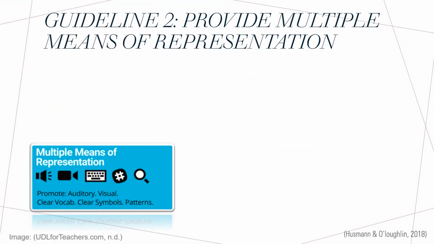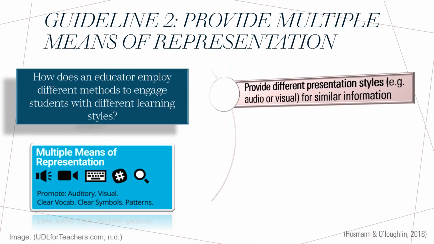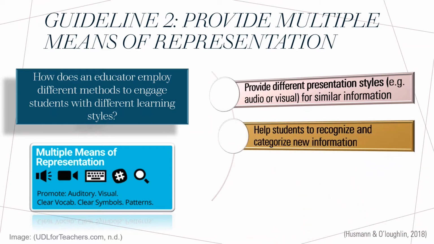Now, guideline number 2 was to provide multiple means of representation. So how does an educator employ different methods to engage students with different learning styles? We can provide different presentation styles, for example, audio or visual, that represent similar information. We can help students to recognize and categorize new information.